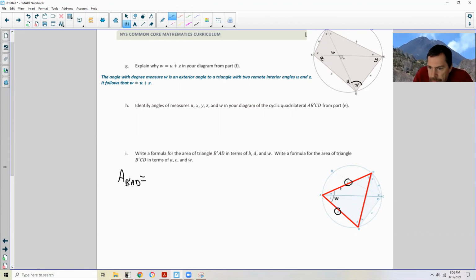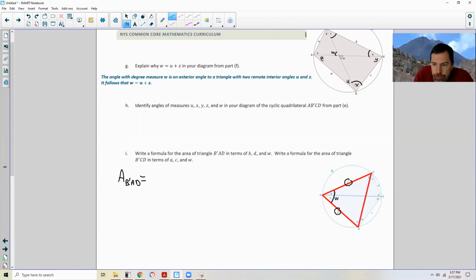B and D. And if we called this whole thing W, okay, W is U plus Z. And so since this is U and this is Z, and this is an exterior angle to it, then W equals U plus Z. Okay.